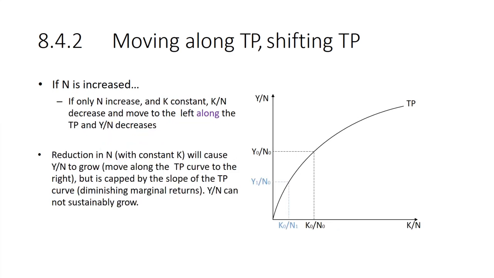If we look at labor, if we were to increase labor, we would see a reduction in our capital-labor ratio, right? Because the denominator has increased while the numerator has remained the same. So K over N will decrease, and that will be a move to the left, and you will see a lower output per person.